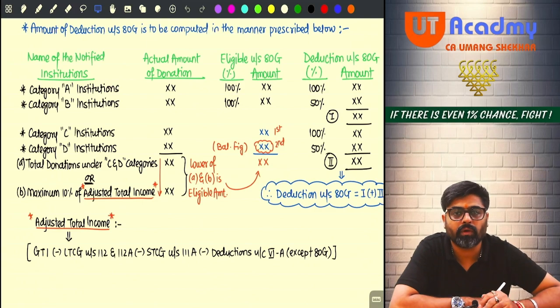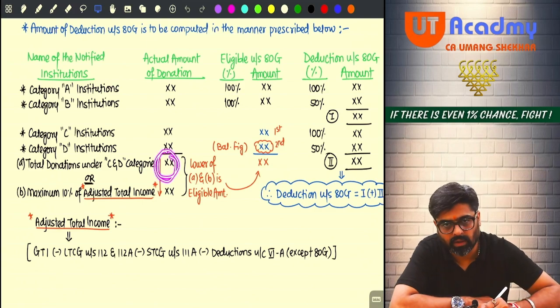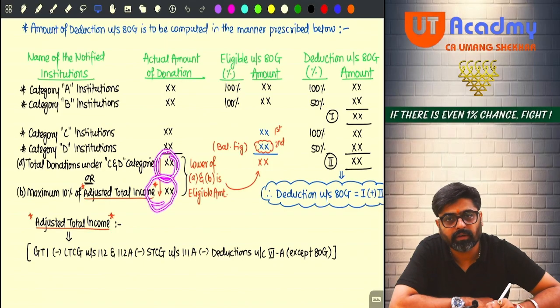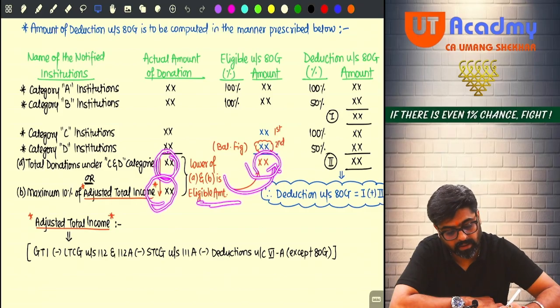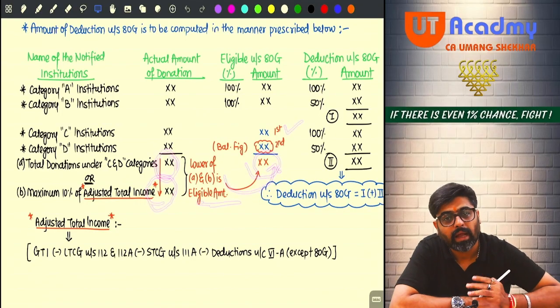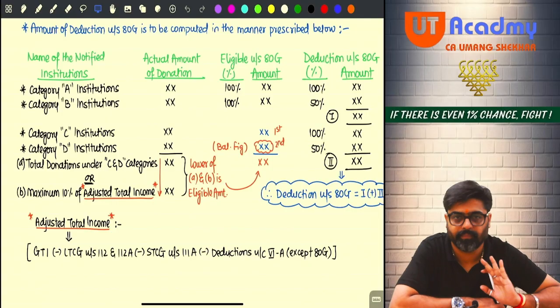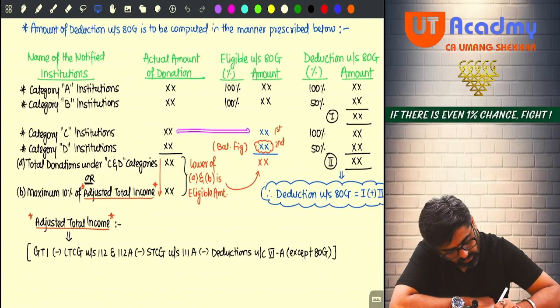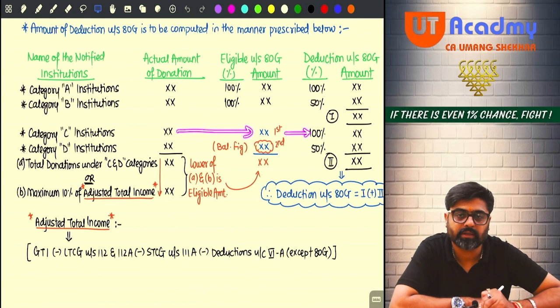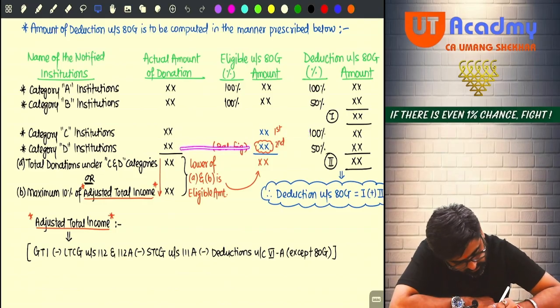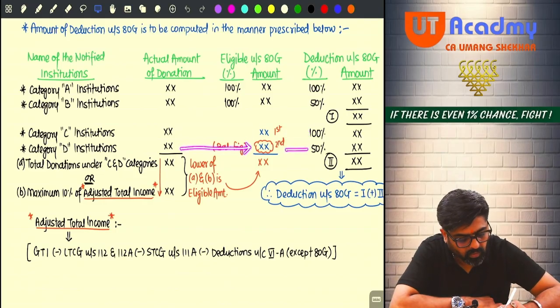So to do that, what will you do? You will take C plus D total or 10% of adjusted total income, whichever is lower, as the eligible amount. Now out of this eligible amount, what will you qualify first? Entire category C, and whatever balance remains, that you qualify from category D, because category C has 100% deduction available and category D only 50%.